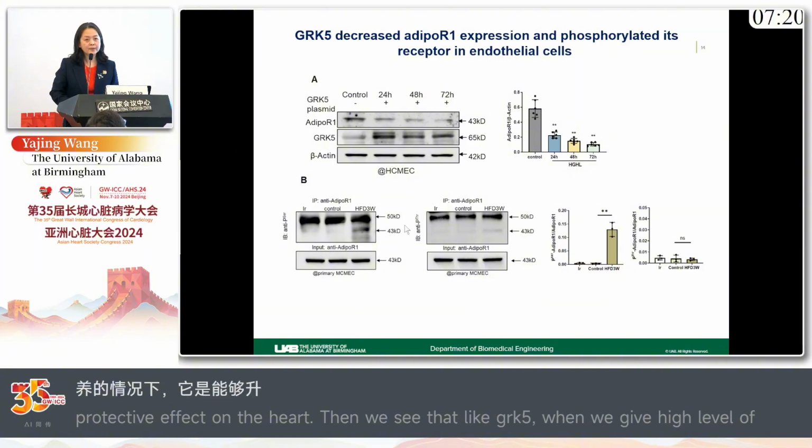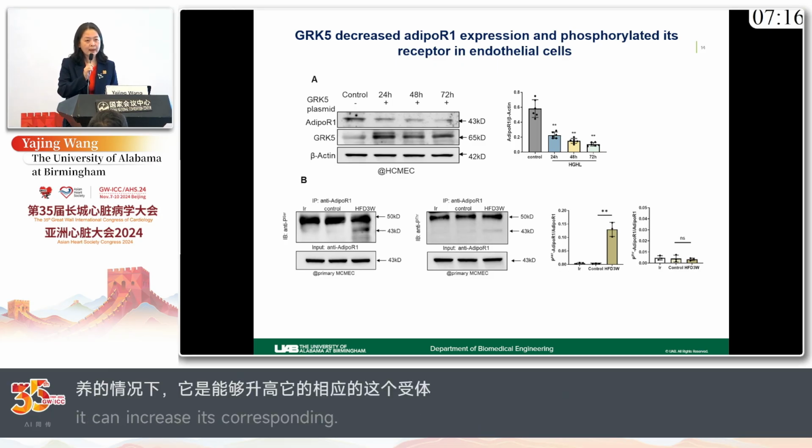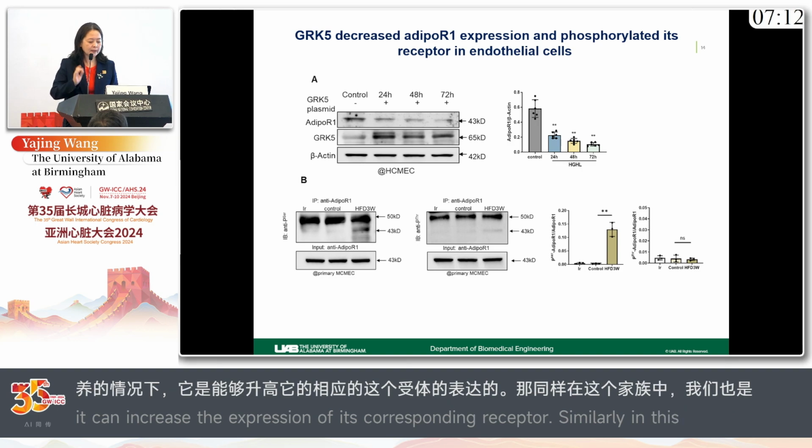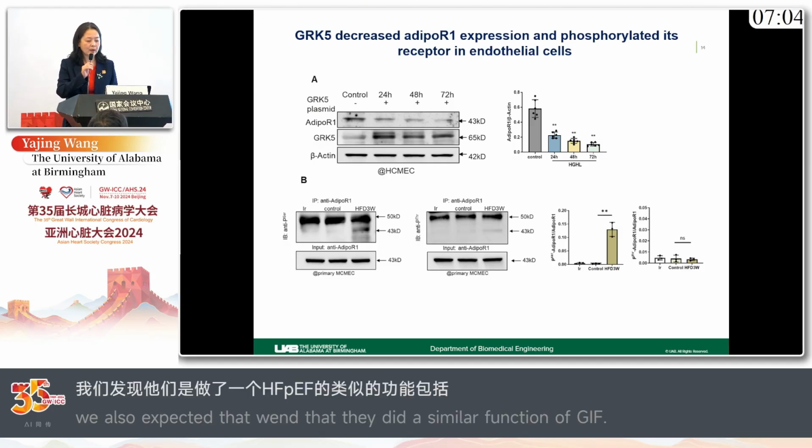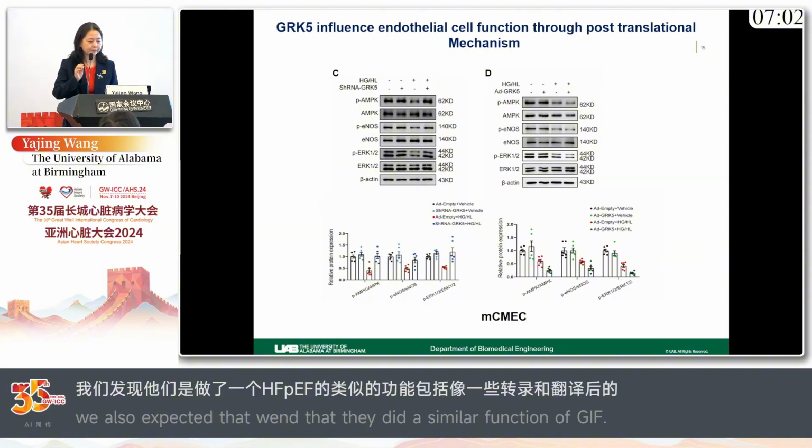Of course, GRK2 and GRK5 are in the same family, so we expected what they would do. However, we found they do a similar thing: GRK5 can be phosphorylated and post-modified and help to worsen the adiponectin protection.